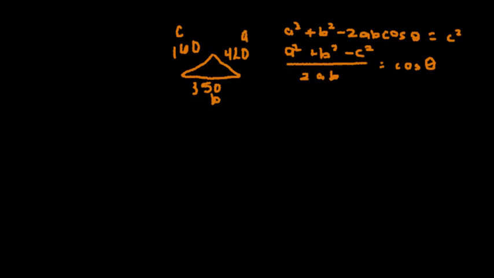And so we're looking for angle measure C, which is going to be the smallest angle. And so we'll do 420 squared plus 350 squared minus 160 squared.